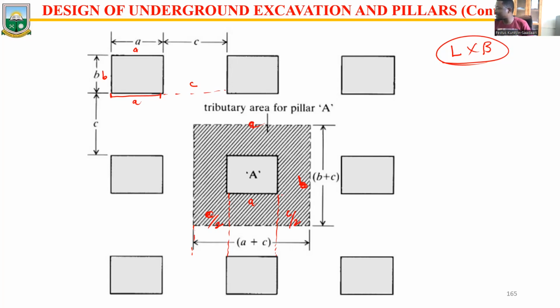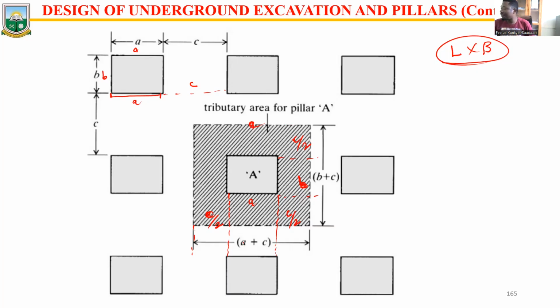Then when I come to this side, this is going to be B. Then this pillar will take half of the C and half of the C. So if I have half plus half, it's going to be what? 1, right?